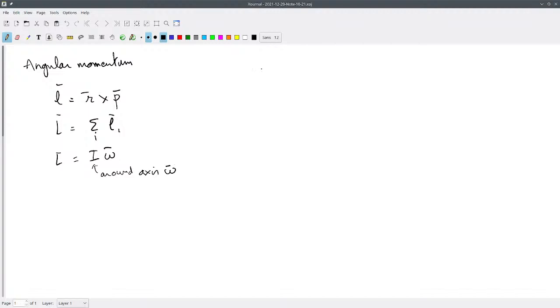So again, of course, there's a lot of similarities to linear momentum. All of this is very similar. We had a linear momentum for a single particle that was m times v, although that's not the part that is very similar here. Well, I guess you could say it's similar to the last expression here, but for an individual particle, it's not really similar.